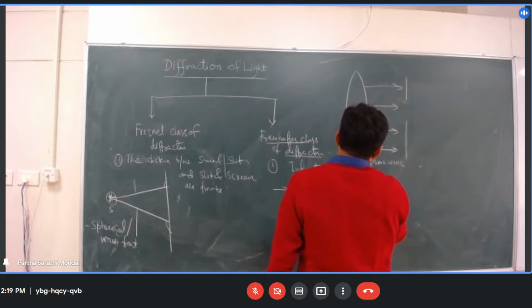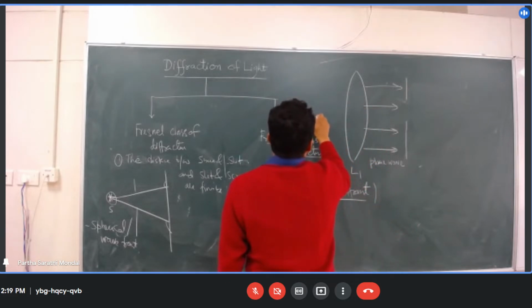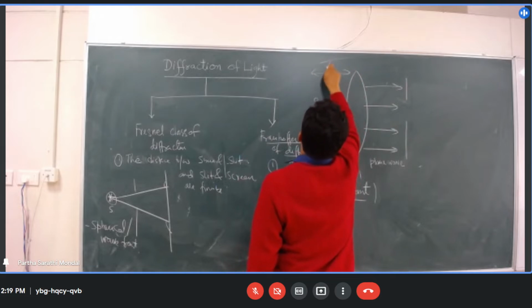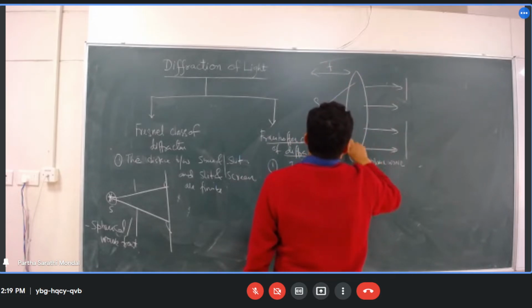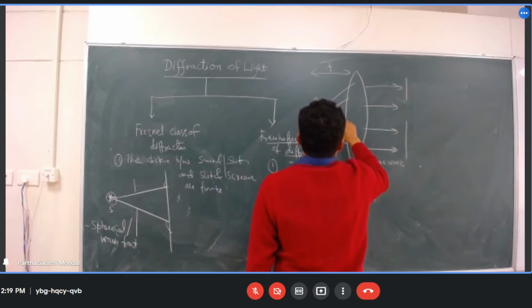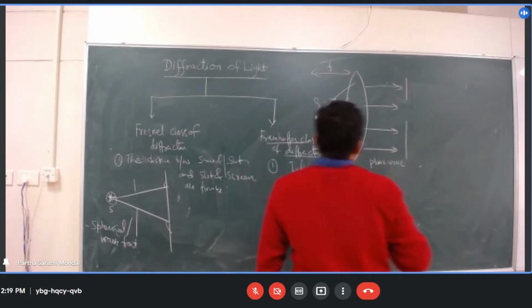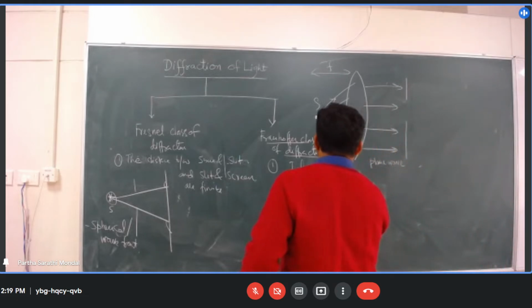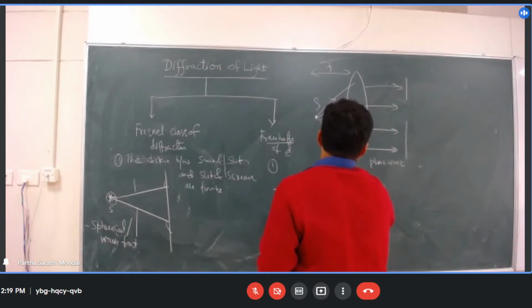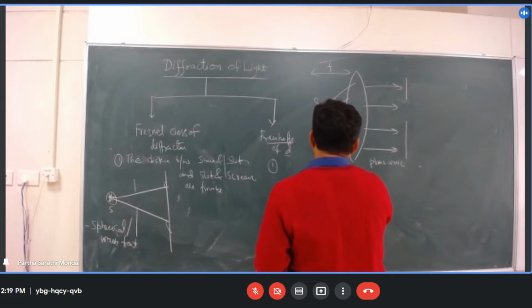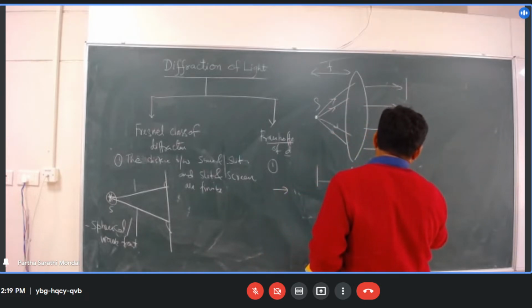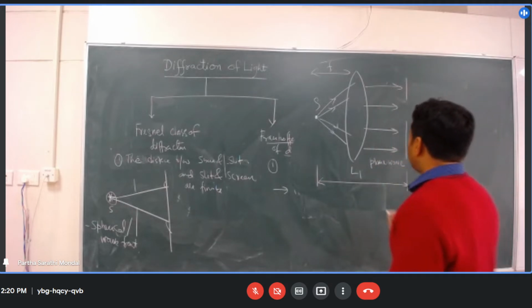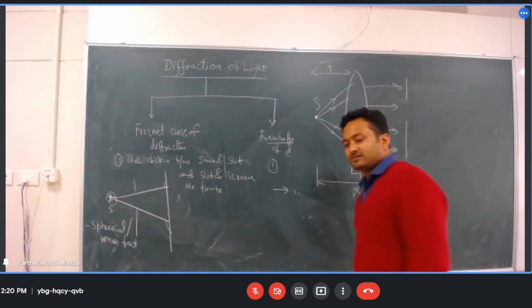Suppose you use a lens L1 and put a point source at the focal point of the lens. Then the spherical waveform will be converted into a plane waveform. So physically there is a finite distance between the slit and the source, but since it is a parallel wave, you can say the distance is infinite.